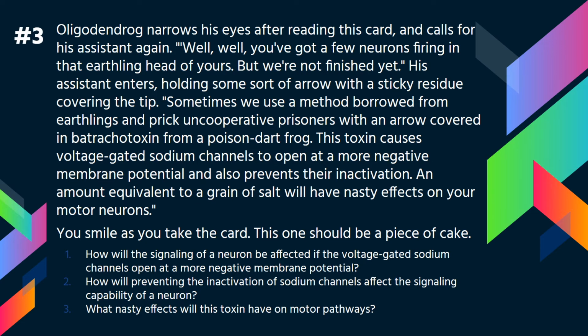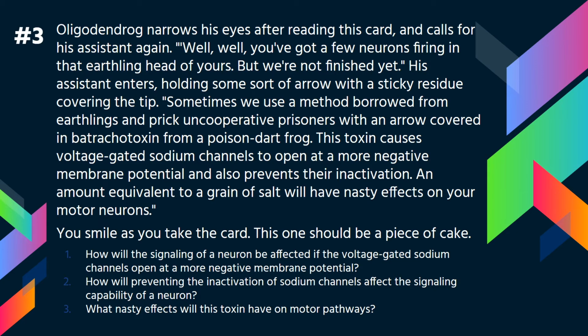"Sometimes we use a method borrowed from earthlings and prick uncooperative prisoners with an arrow covered in batrachotoxin from a poisoned dart frog. This toxin causes voltage-gated sodium channels to open at a more negative membrane potential and also prevents their inactivation. An amount equivalent to a grain of salt will have nasty effects on your motor neurons." You smile as you take the card. This one should be a piece of cake.